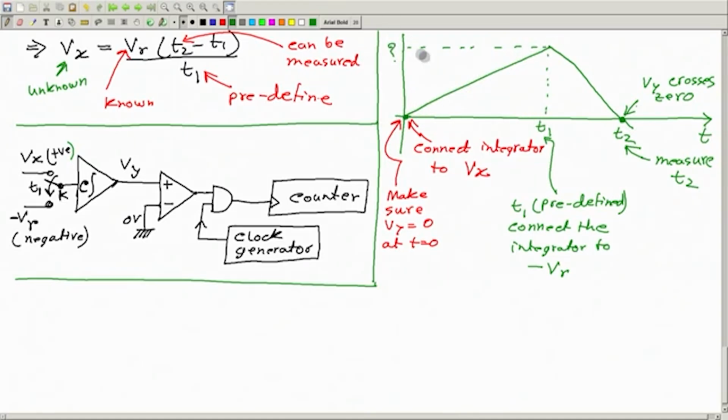So this we can write t1 time multiplied by the slope, and the slope will be proportional to Vx and this constant C. More the Vx, this will be higher, less the Vx, this will be smaller, and C is a constant of this integrator, which is a property of this integrator. Okay. So this is this height.